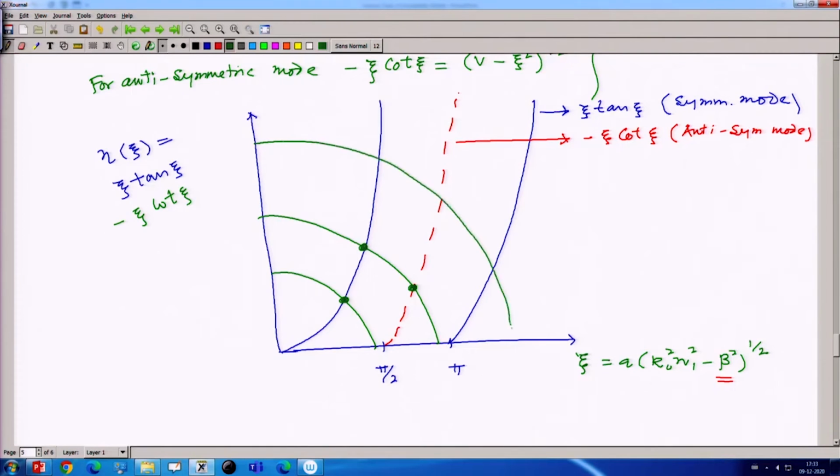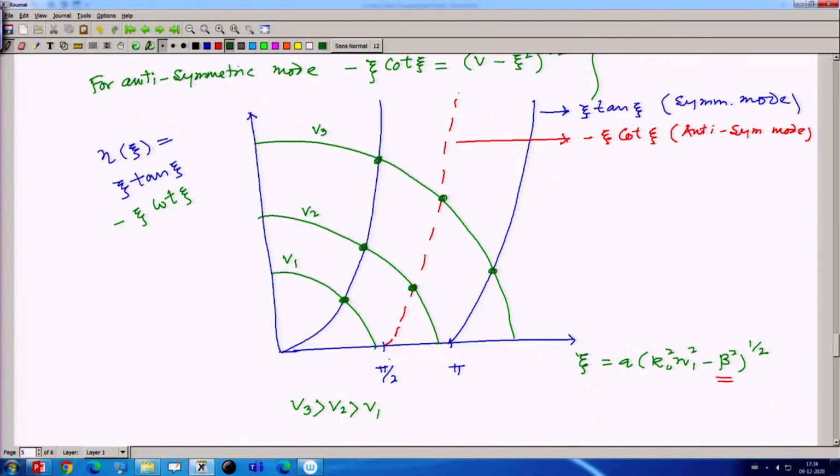At some point I can also have three solutions, one here, another here and another here. So, these are the discrete solutions every time I am getting. Say this is for V1, this is for V2, this is for another V, say V3, where V3 is greater than V2 is greater than V1.